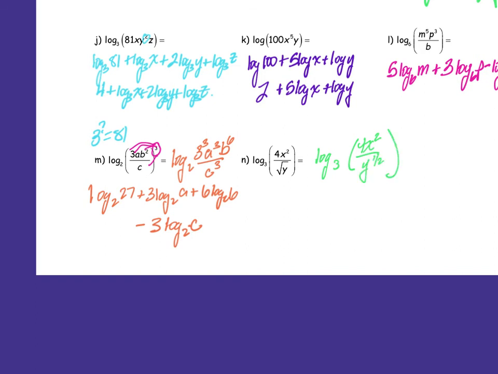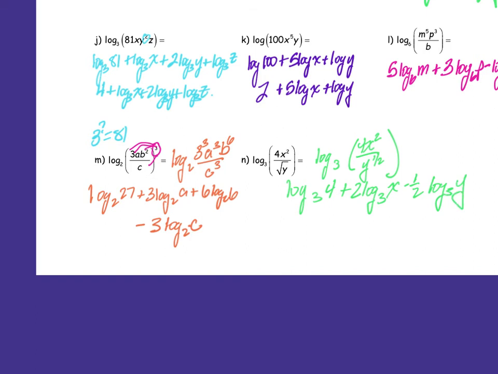And then I'm going to just do what I just got done doing. I have multiplication and exponent and division, so I'm using all 3 rules. So I've got log base 3 of 4 plus 2 times log base 3 of x minus 1/2 log base 3 of y.